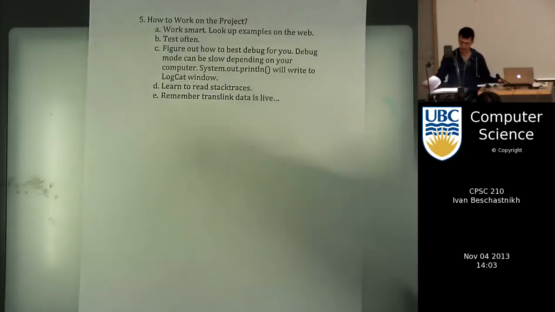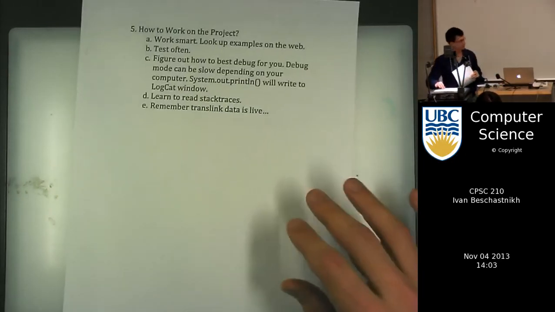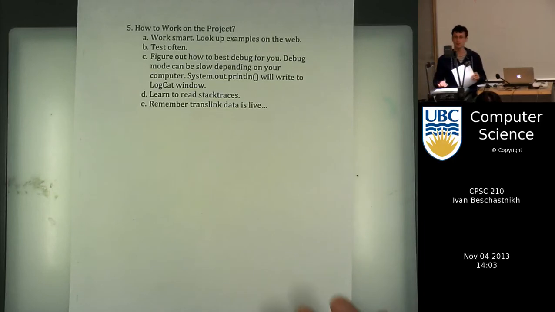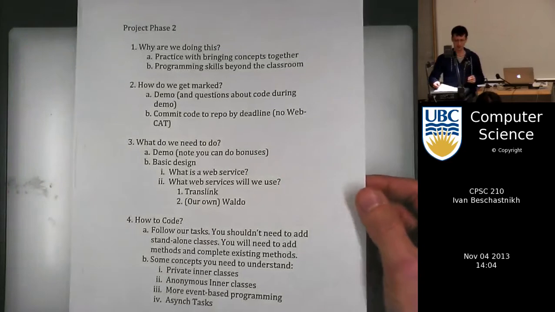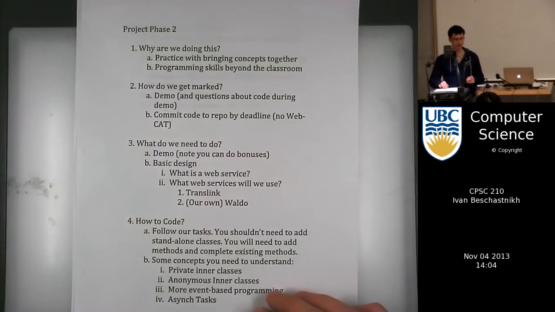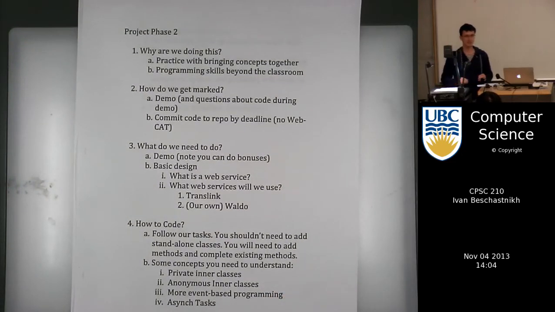And then the last thing is how to really get started on the project, how to do well on it. This phase of the project is going to be 3 weeks. You have a really long time to work on this thing. So there's a couple of no-nos, like procrastinating and starting 2 days before, because this time it really won't work. And then there's a bunch of good things you can do to improve your chances of success.